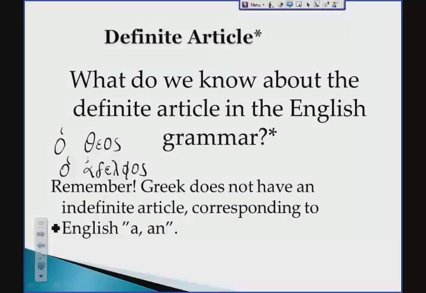But then if you only write adelphos without a definite article, you are telling me that this is now indefinite. How are you going to translate adelphos without the definite, without the ho?